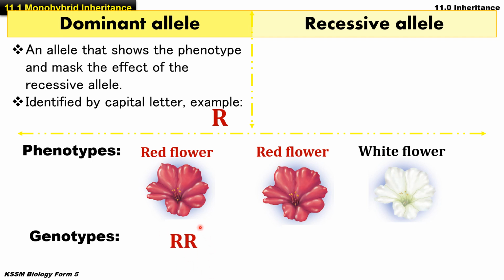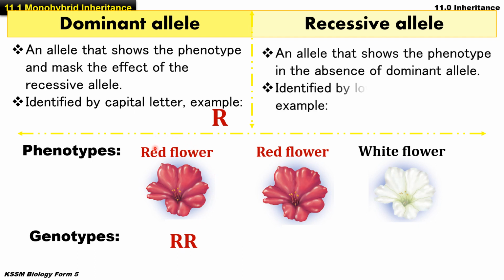So the genotype is R besar, R besar. Ingat, genotype dia mesti 2 sebab dia ialah allele. Maksudnya dekat sini dia ada 2 dominant allele. And these 2 dominant allele carry the trait red color. That's why the flower is red.